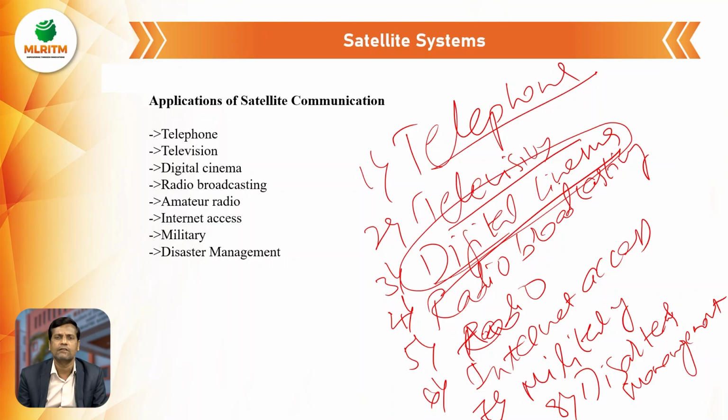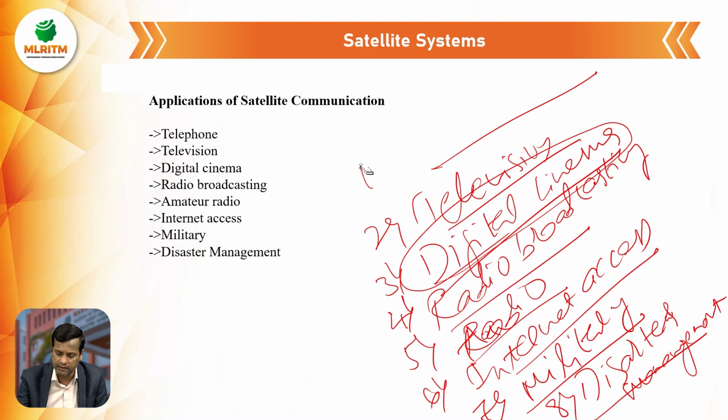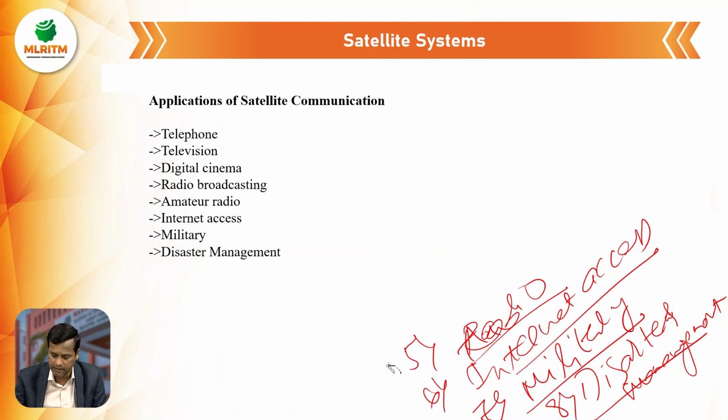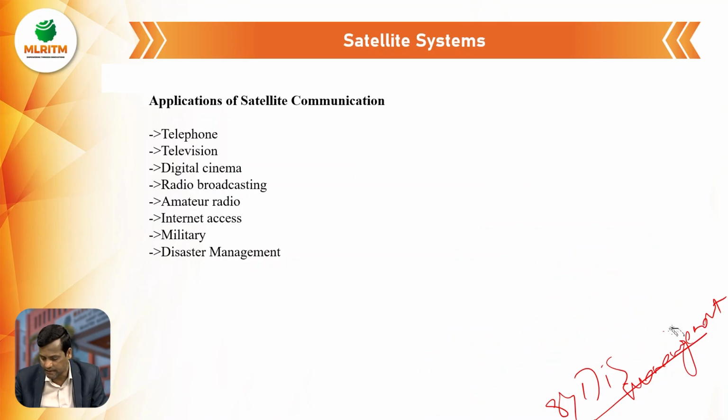Digital cinema means it comes by the satellite system only, right? Next are radio broadcasting, radio, internet access, military, and disaster management. These are all the applications of satellite systems, or satellite communication.